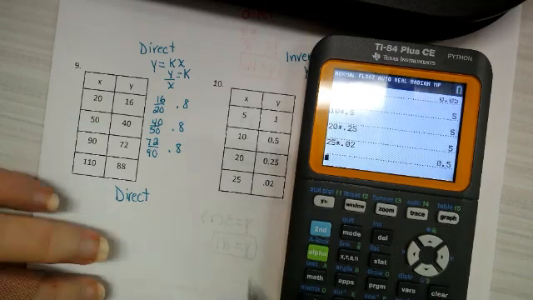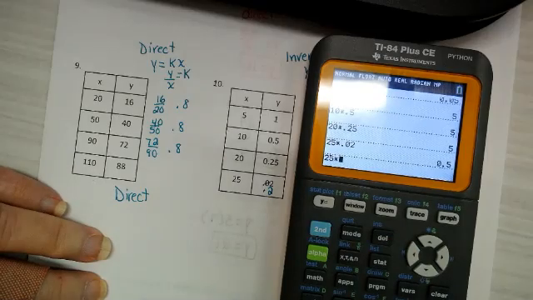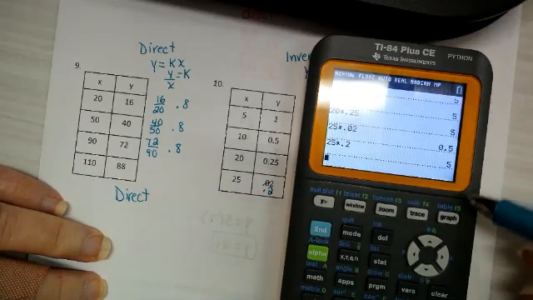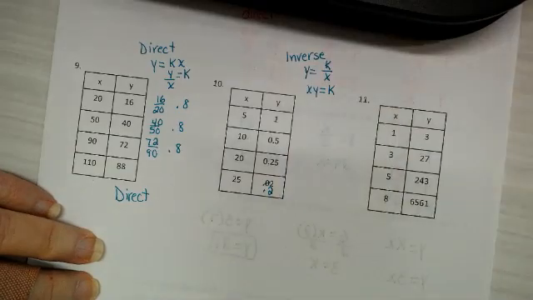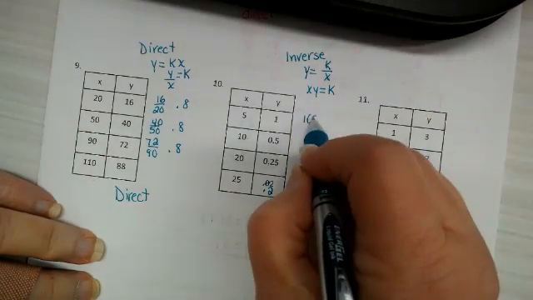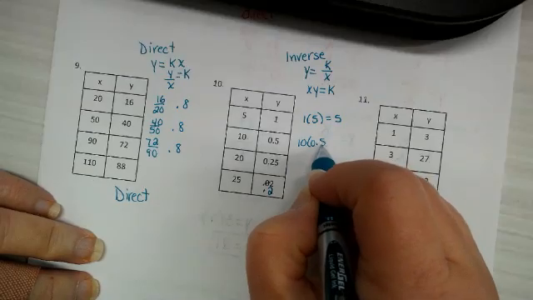Looks like that's a typo. This should just say 0.2. So 25 times 0.2 there, and they all match. Okay, so ignore that one because it was a typo. So these multiplied to a constant, which means it's inverse variation.